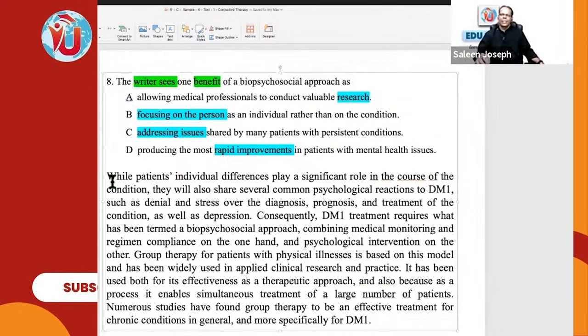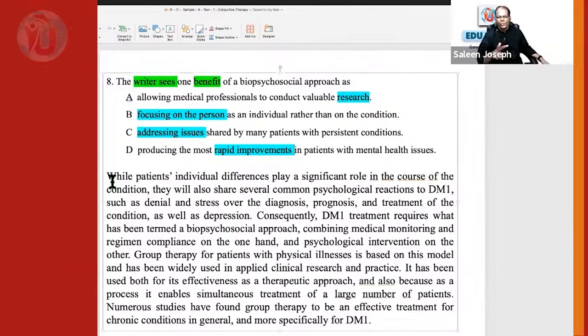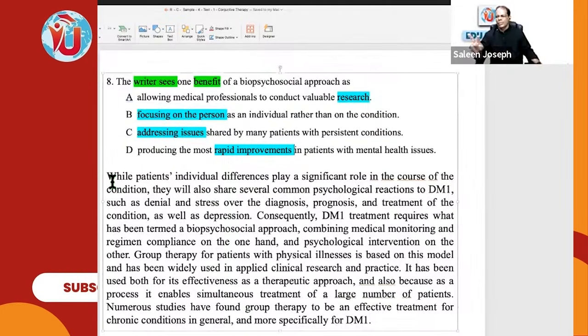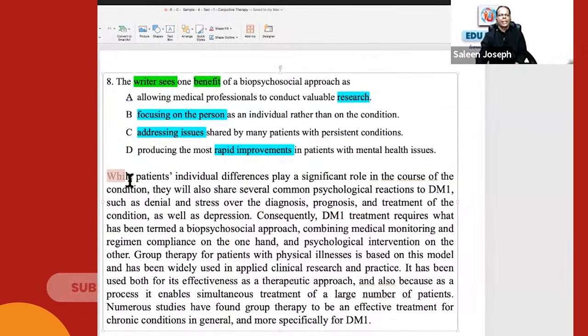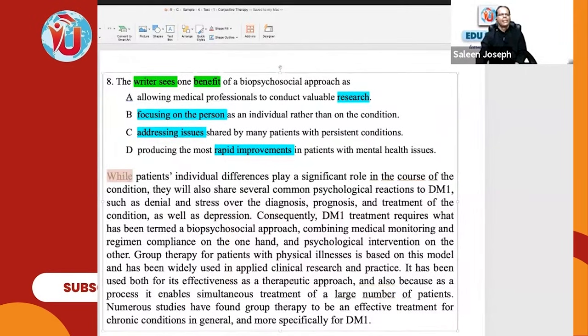Here, the first sentence, the topic sentence, is a complex sentence, and there are two clauses. One is an independent clause, another is a dependent clause. An independent clause has meaning in itself, whereas the dependent clause depends for its existence on the independent clause. See, 'while' is the expression which tells you this is the dependent clause.